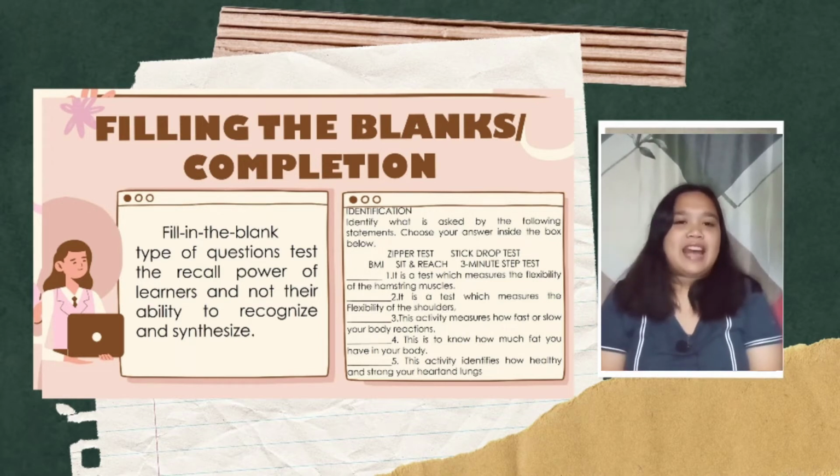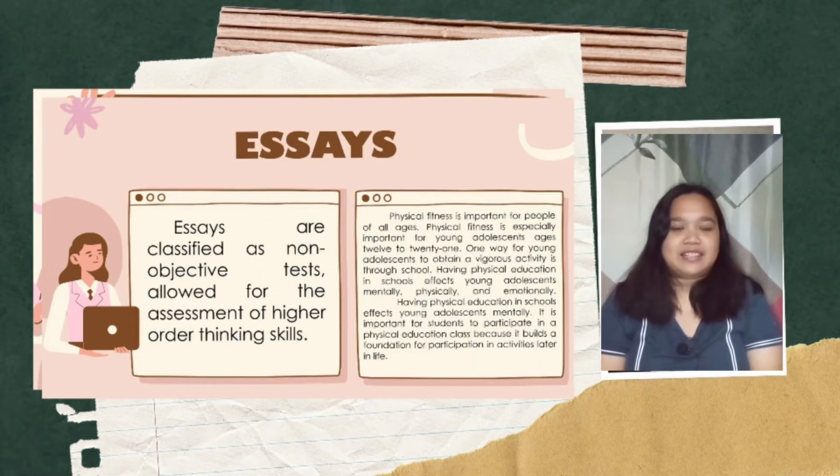The next type of paper and pencil test is essays. Essays are classified as non-objective tests allowed for the assessment of higher order thinking skills. For example, answering why physical fitness is important for people.